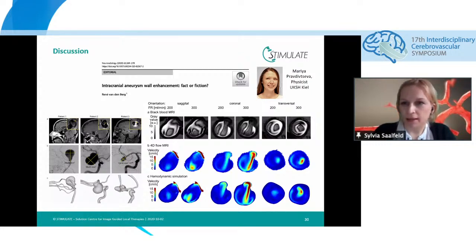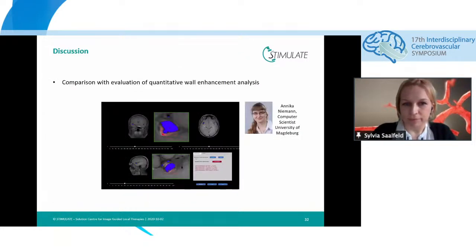And the initial results indicate that actually there is a relationship. And as the previous talk already pointed out, we need a lot of standardization and normalization. And this is also a topic which is really, really important for us.